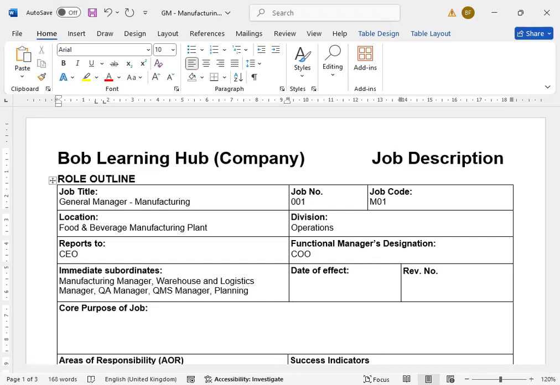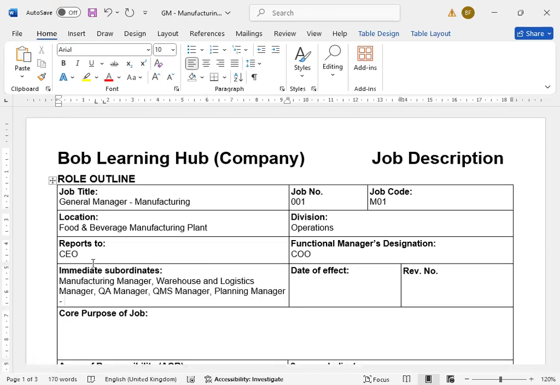Okay. So the planning manager would cover inbound and outbound. So what is inbound? Inbound would be MRP. Okay. So what is MRP? Materials requirement planning. So this would be the raw materials.